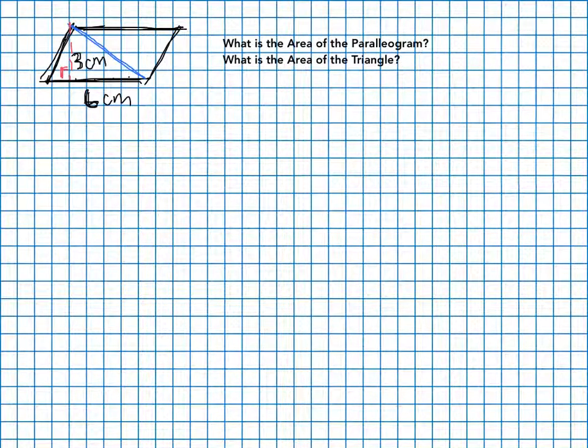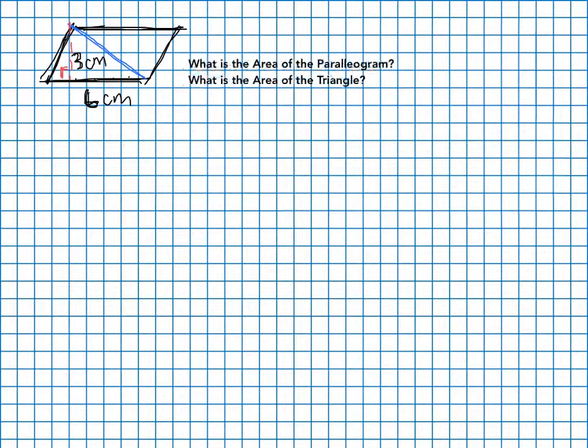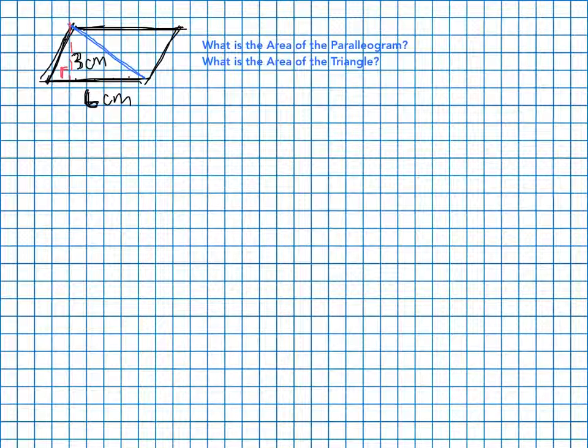Well, when we look at this, first things first, we have to remember the formula for the area of a parallelogram. A parallelogram is essentially the same as a rectangle. The other day, we took this spot here and slid it over here, we colored it in, and now we have a rectangle.